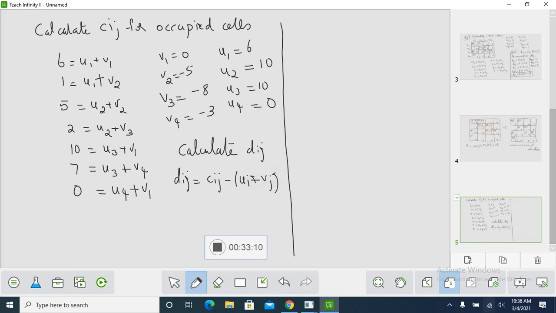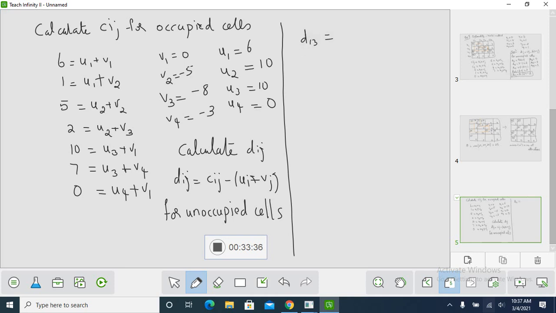For what should I do this? For unoccupied cells. Now come here. What are your unoccupied cells? Next I have to look for that. I have D13. Am I correct? Yes, D13.